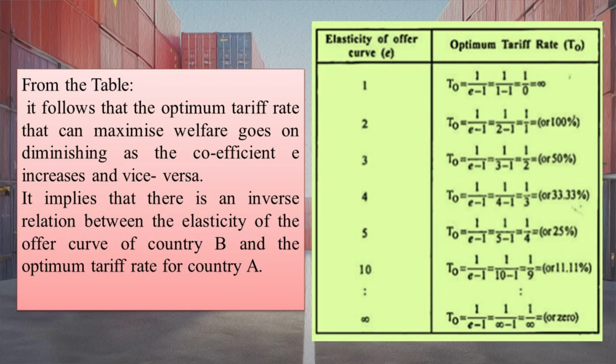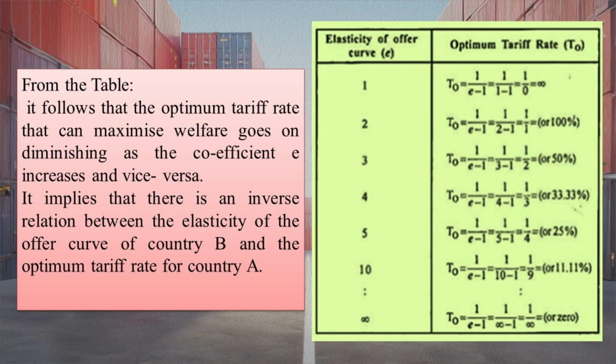So here we can show the relationship: the higher the elasticity, the lower the rate of optimum tariff, and the lower the elasticity, the higher the rate of optimum tariff. From the table, it follows that the optimum tariff rate that can maximize welfare goes on diminishing as the coefficient E, the elasticity of the offer curve, increases, and vice versa.